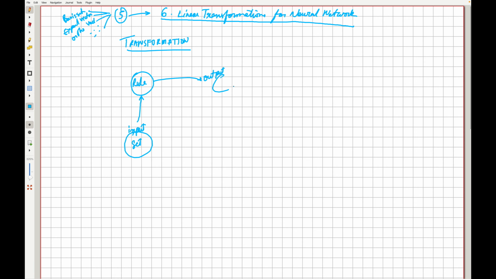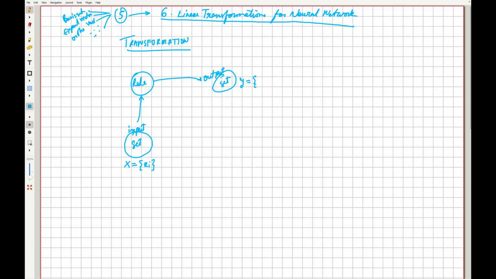something in another set. So let's say if our set is x, with elements x of I, then for each x of I, this rule would output something in the new set.